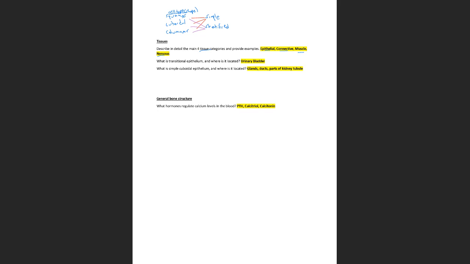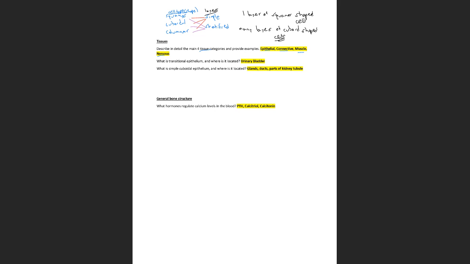All that means is that it tells you about the layer and the cell type. Okay, so this is layers right here. So if you're simple squamous, that means you're just one layer of squamous shaped cells. If you're stratified cuboidal, that means you're many layers of cuboid shaped cells. Pretty straightforward.